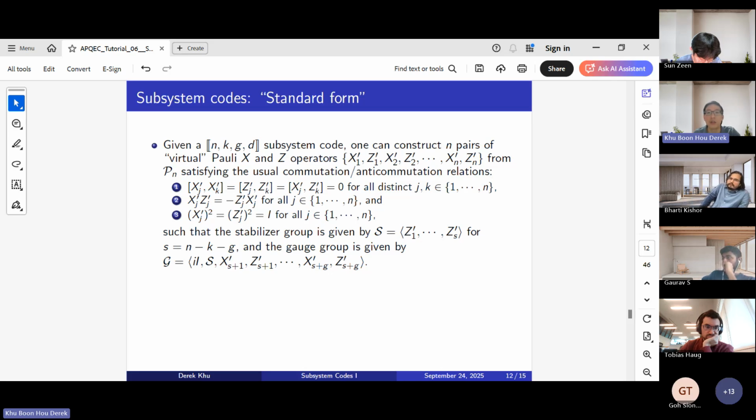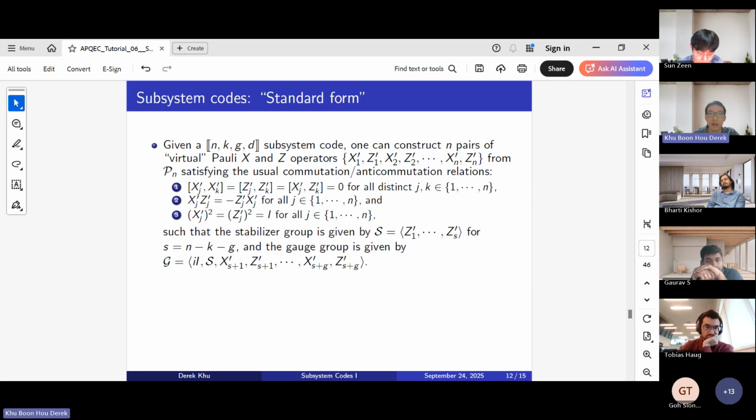These are not the actual X and Z operators; you basically need to do some sort of unitary transform, a change of basis, to get these n pairs, which I denote with a prime to say that they are not the actual ones.